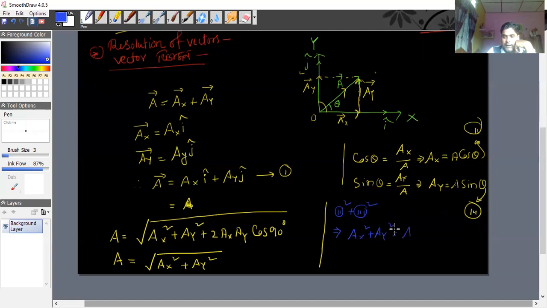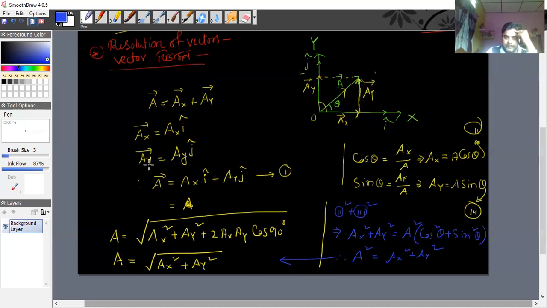Right side: A square, taking cos square theta plus sin square theta common. We all know the value of cos square theta plus sin square theta is equal to 1. So A square is equal to AX square plus AY square. So finally we get the same result: A is equal to root over AX square plus AY square.